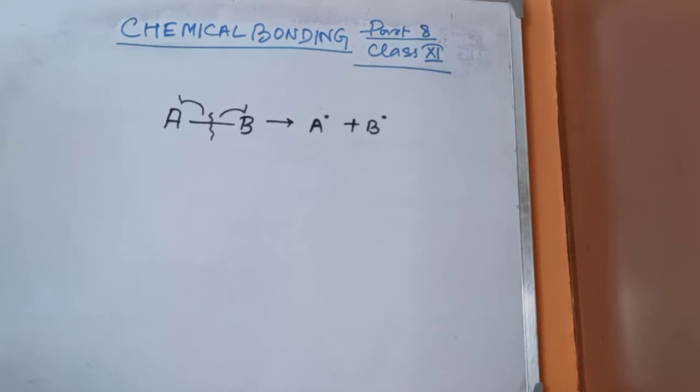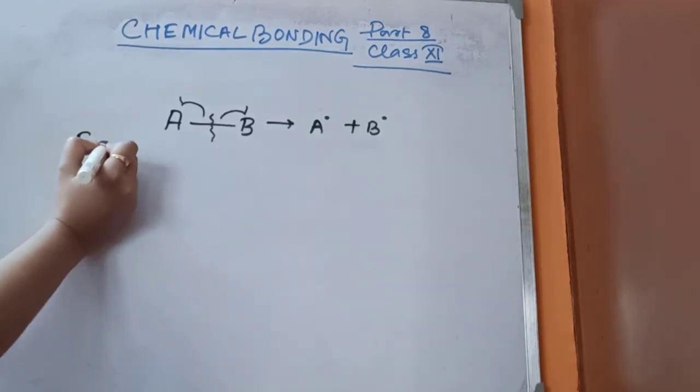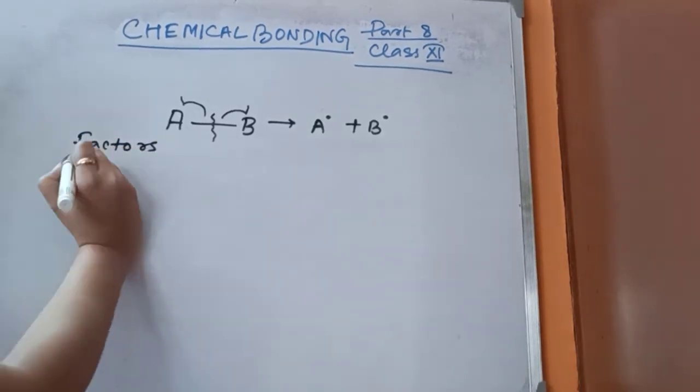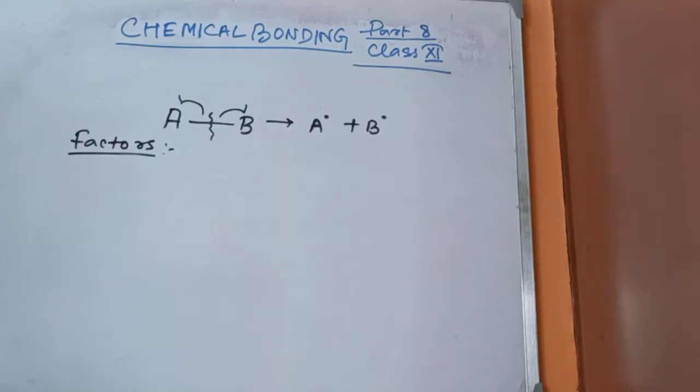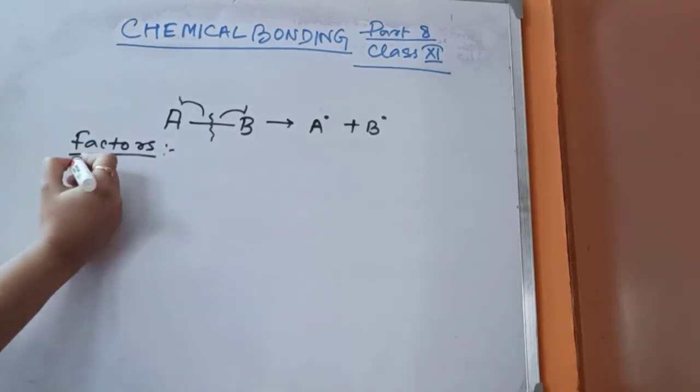Okay, so this is about bond dissociation enthalpy or energy. Now we'll come to the factors on which it depends. Okay, so the first factor is size of the bonded atoms.